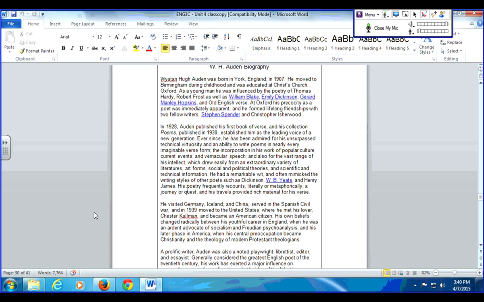Now, as a young man, he was influenced by the poetry of Thomas Hardy, Robert Frost, as well as William Blake, Emily Dickinson, Gerard Manley Hopkins, and Old English poetry.